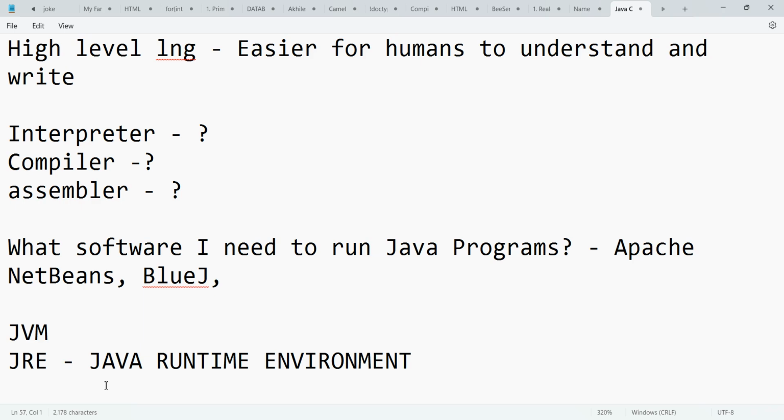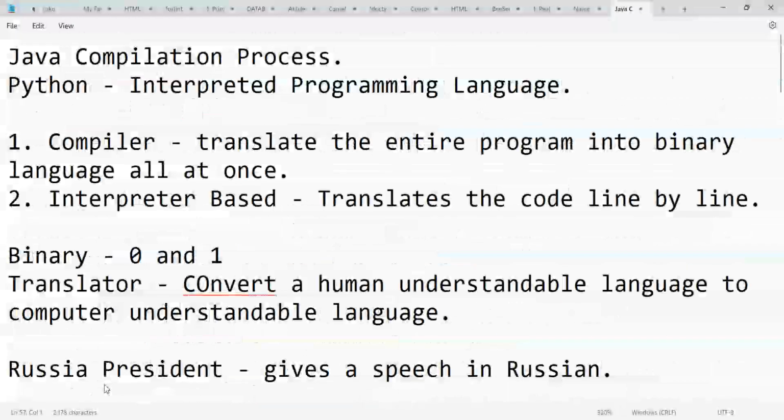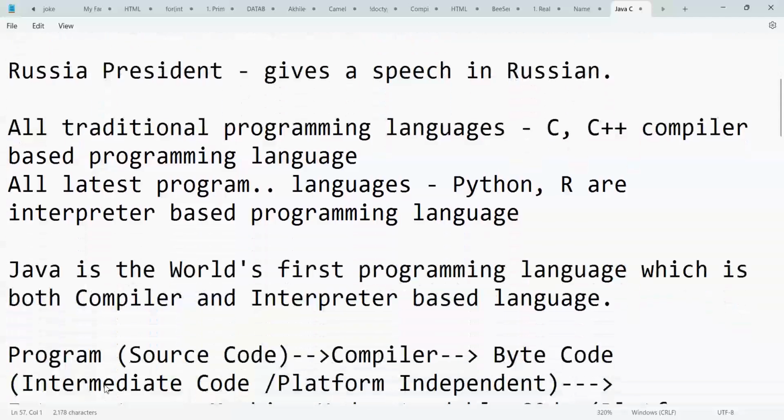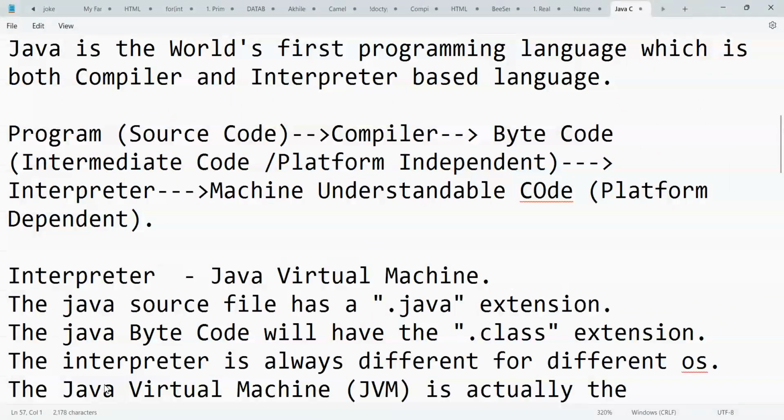What is the extension of a Java source code file? No, I'm asking what is the extension of a Java source code file? I just made you right. Yes. What is this?